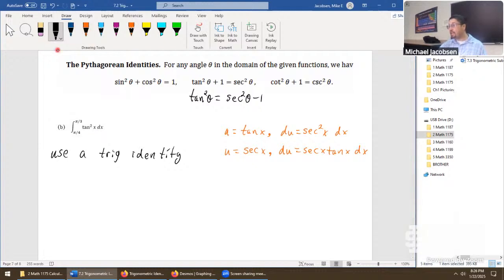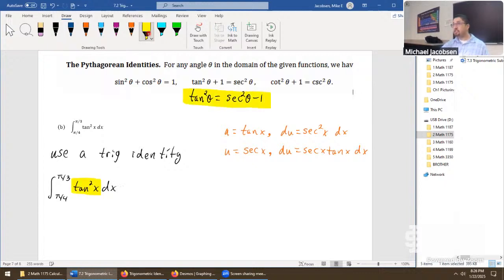So we can now say the integral from pi over 4 to pi over 3 of tangent squared x dx, through this identity, is going to just be the antiderivative from pi over 4 to pi over 3 of secant squared x minus 1.